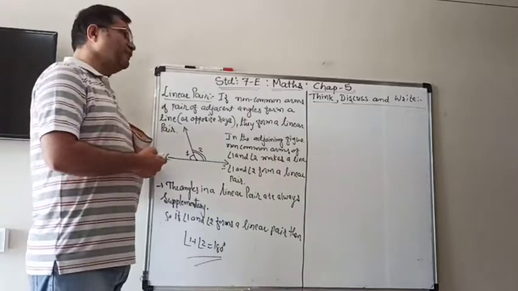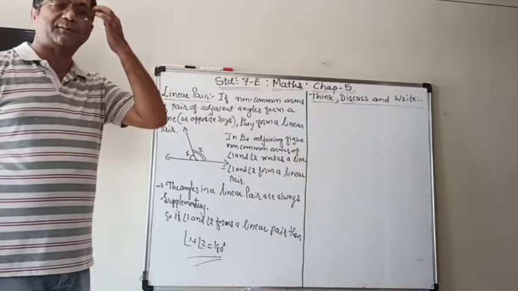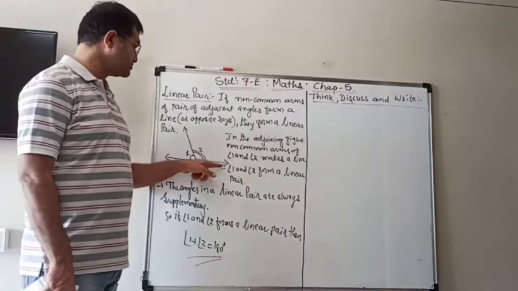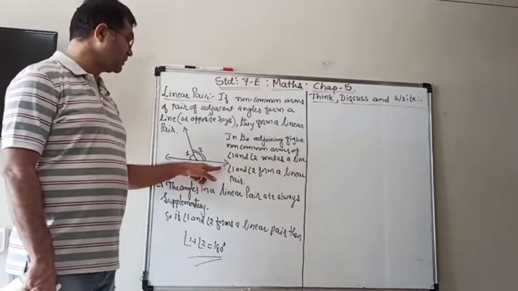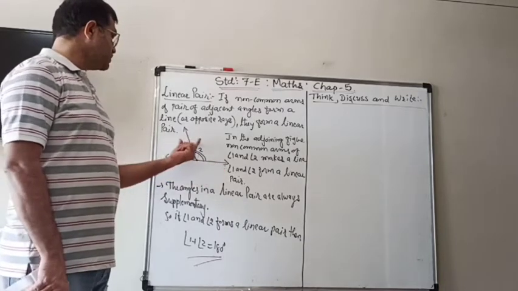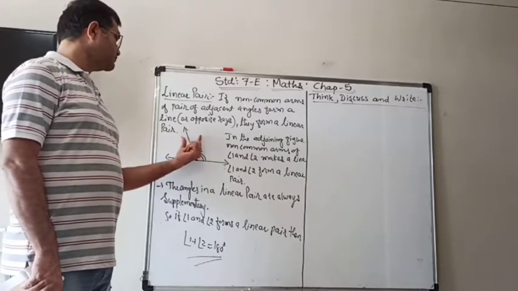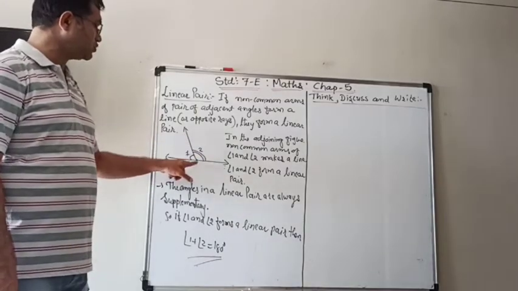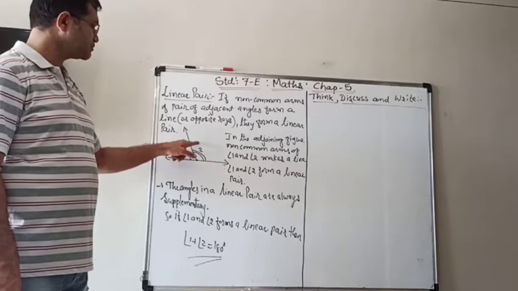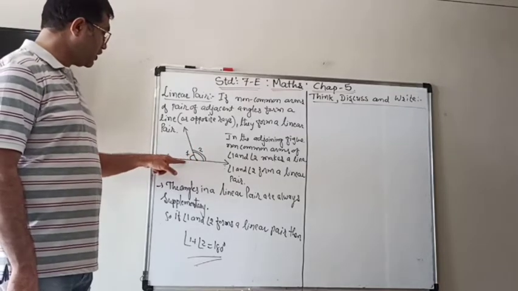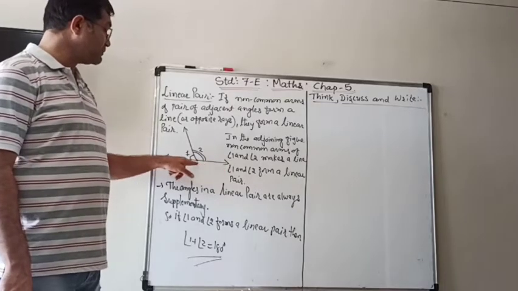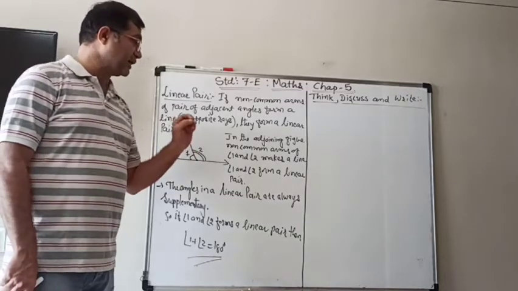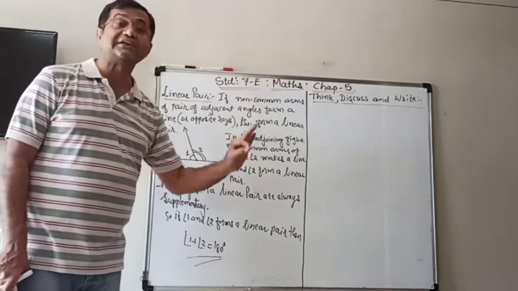So if non-common arms of the pair of adjacent angles form a line, when you join them it becomes a line here. Then these two angles are forming a linear pair. So here you can see that angle 1 and angle 2 are adjacent angles, and here the non-common arms are making a line. Therefore you can say that angle 1 and angle 2 form a linear pair.